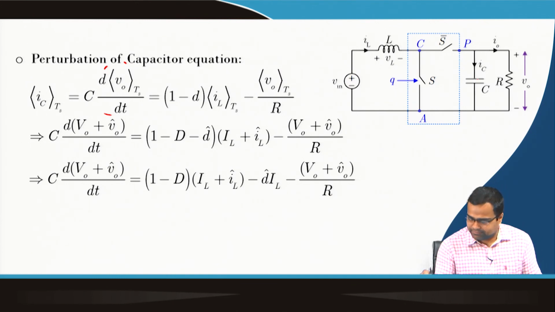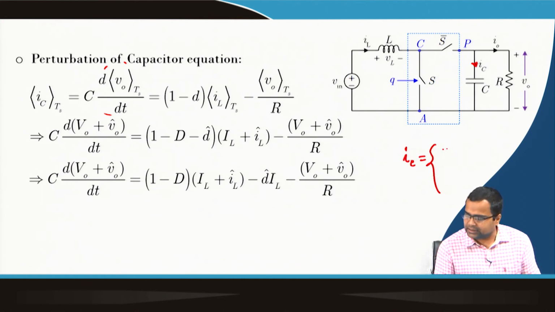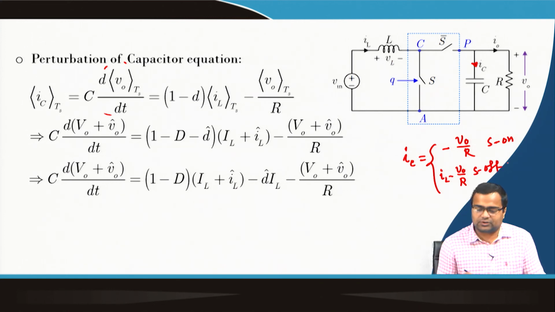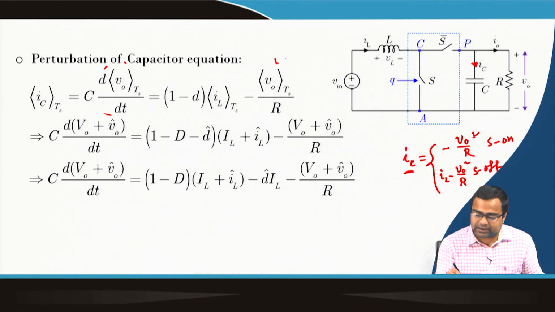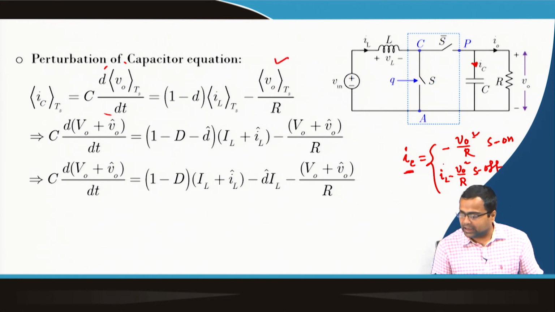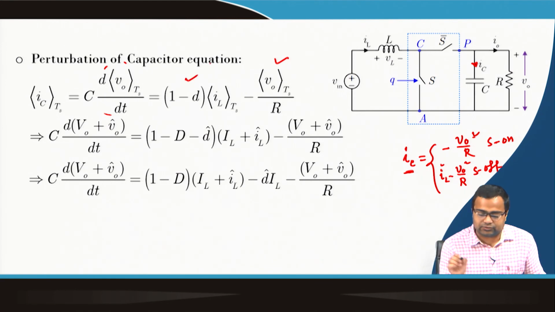For the boost converter, the instantaneous capacitor current is minus V_0 by R when S is on, and it is I_L minus V_0 by R when S is off. So if you take the average capacitor current, the V_0 by R term is common, so it is simply the average quantity, and this is (1 minus d) times I_L.